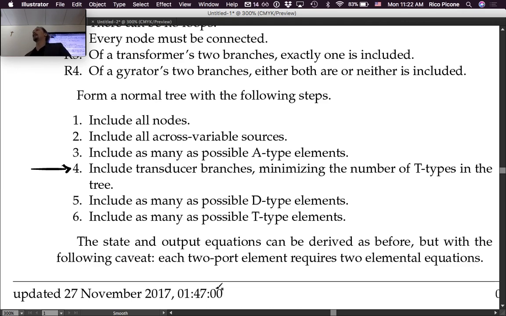You have to solve all of the continuity and compatibility equations for the secondary variable, and then the elemental equations all need to be solved for the primary variable.